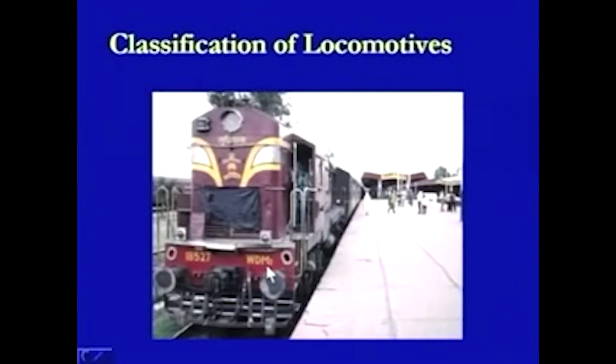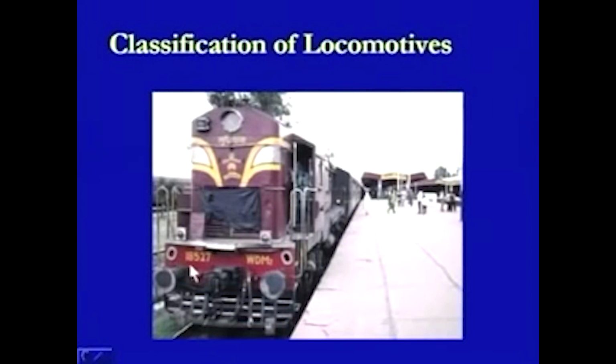Now this WDM2 means it is going to be used for broad gauge because of W, it is diesel traction because of D, and M means it can be used for the mixed condition, that is for passengers as well as for goods. And 2 is the category, meaning there was a previous case also where WDM1 was there.